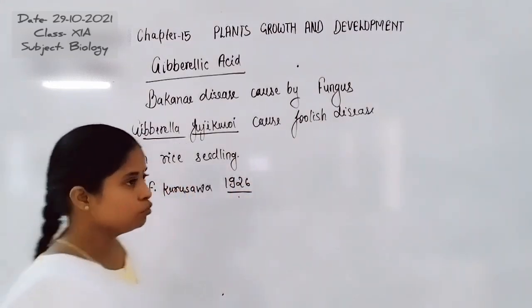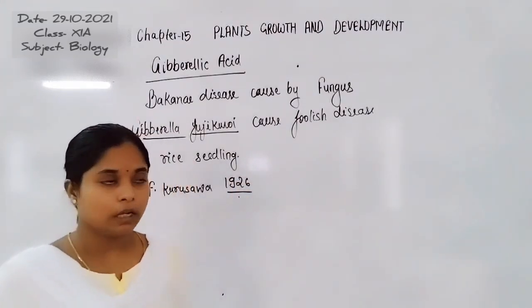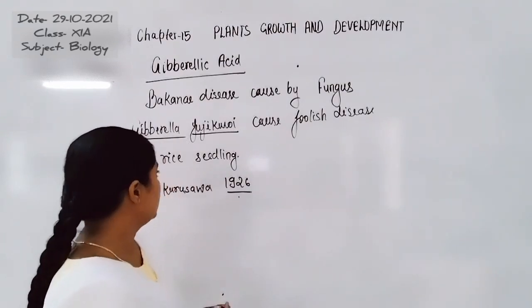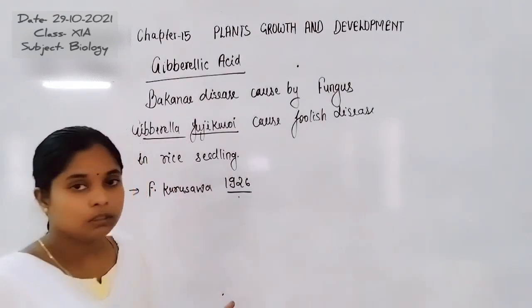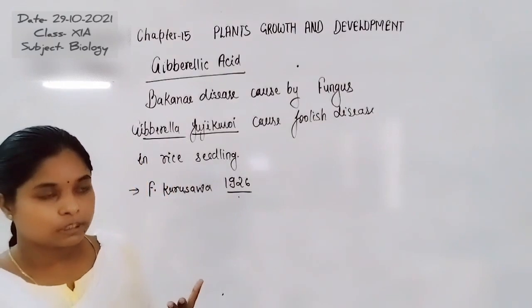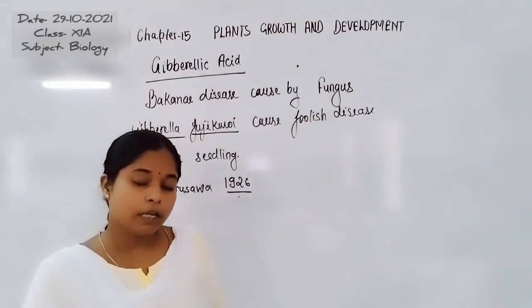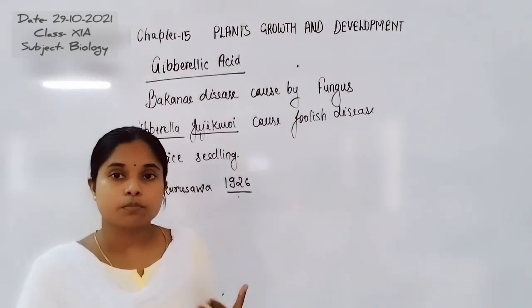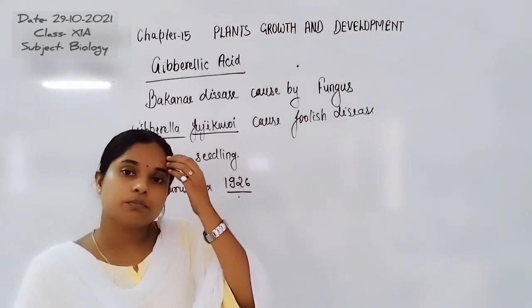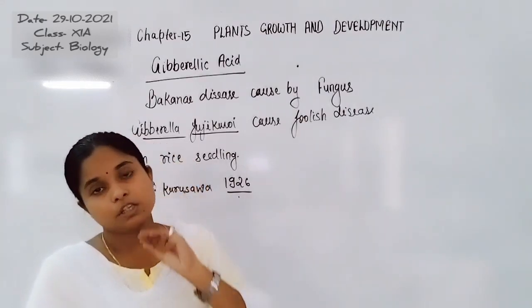When he used the filtrate of Gibberella fujikuroi and sprayed it onto rice seedlings, he observed that the plant grew to extreme height.